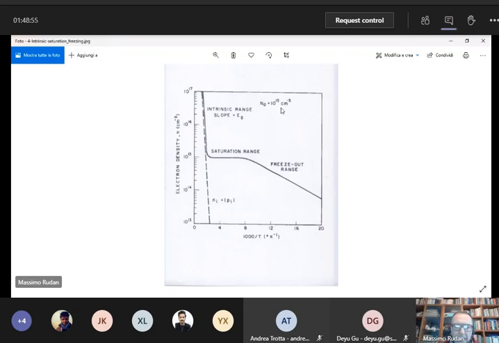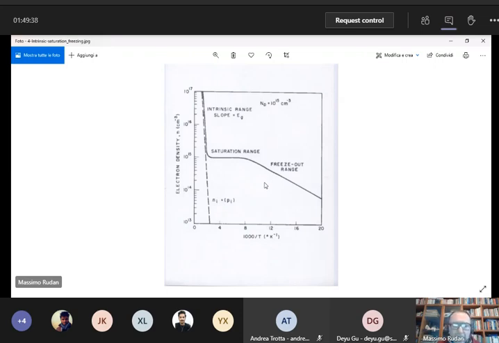And remember, the Arrhenius plot has on the horizontal axis 1 over T or 1000 over T. So in this case, we have 1000 over T. And on the vertical axis, there is the log of the concentration. So the continuous curve describes the concentration of the electrons in the conduction band as a function of temperature.